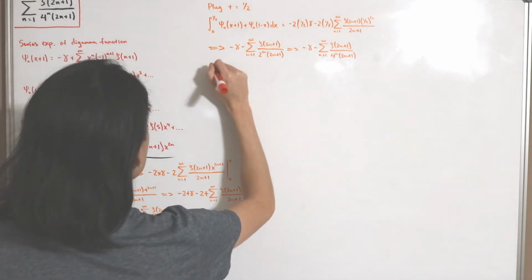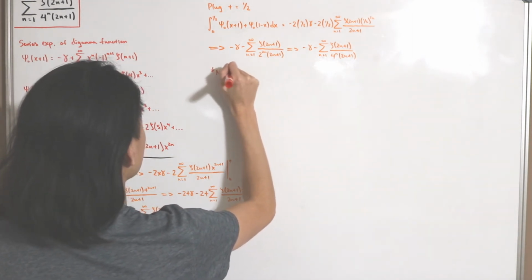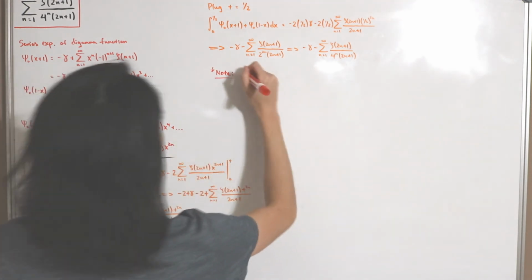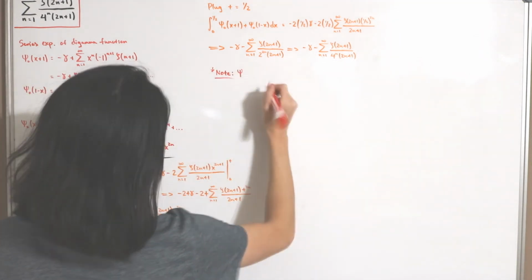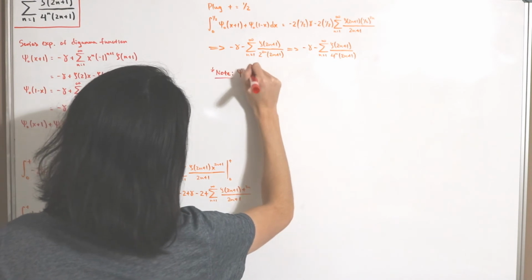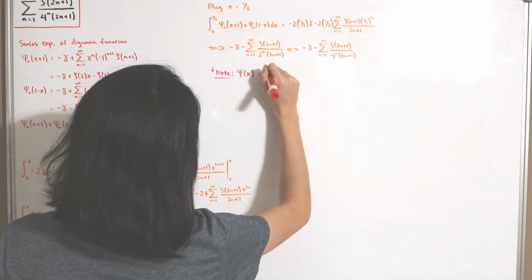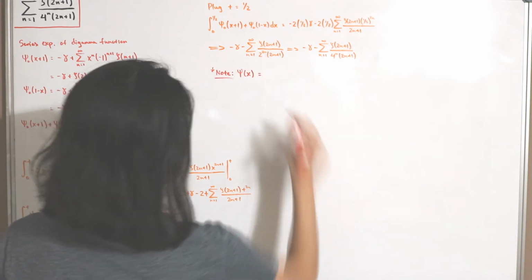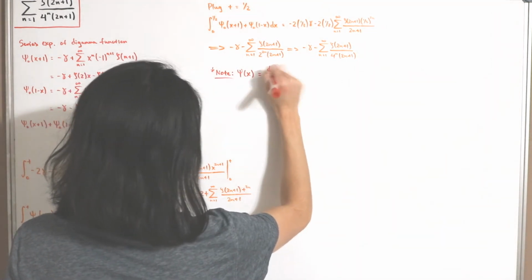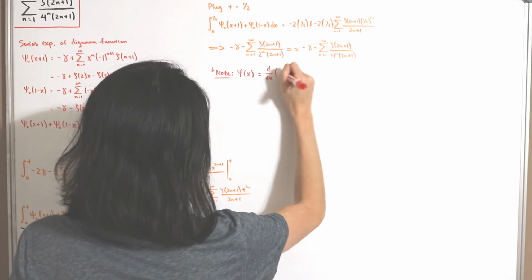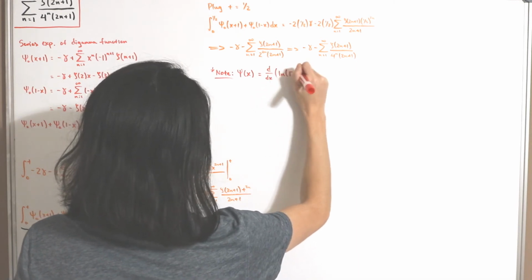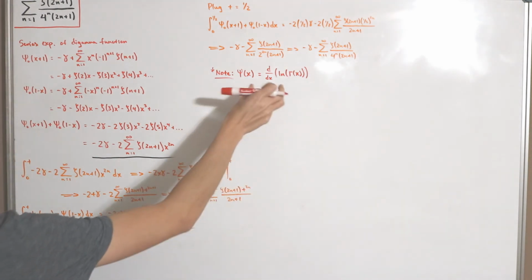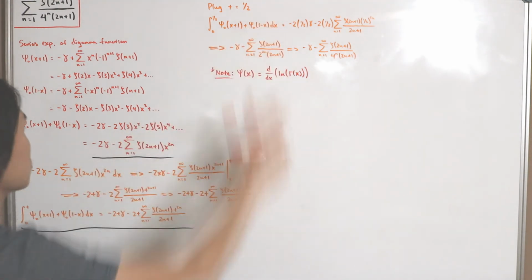Recall that for the digamma function, psi of x is simply equal to the derivative, d over dx of the natural log of gamma of x, like so. Okay, good. I'm just going to use this little fact to help establish this.